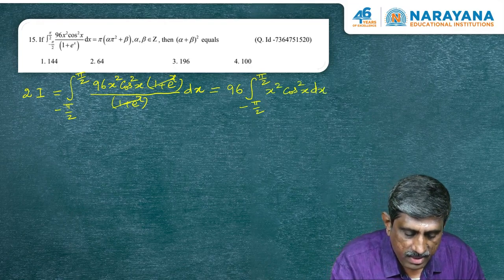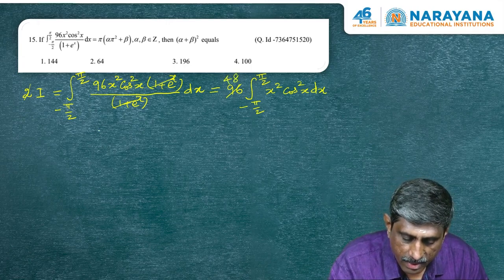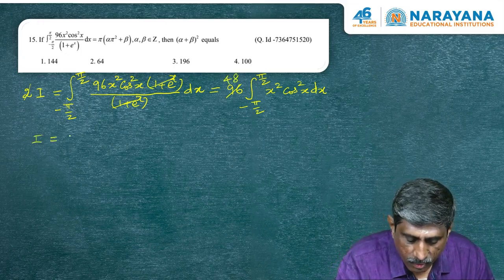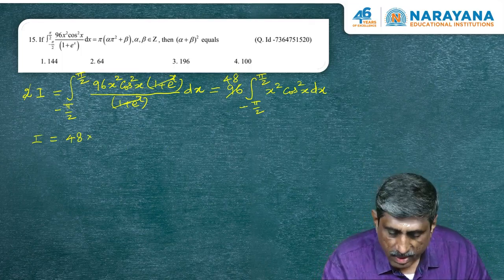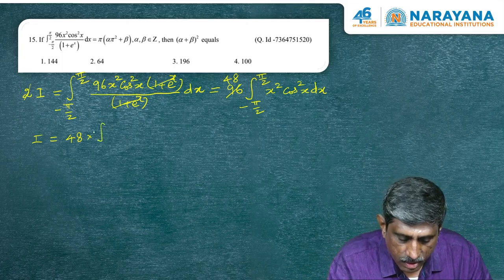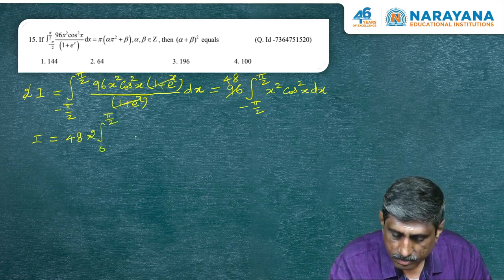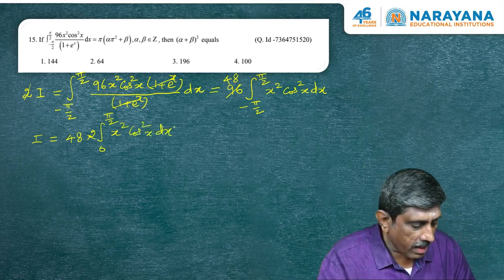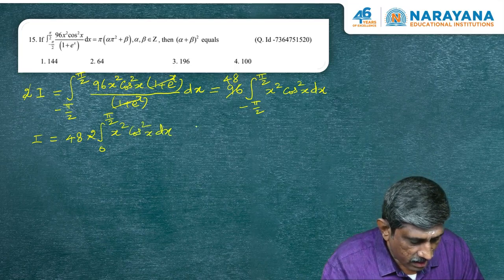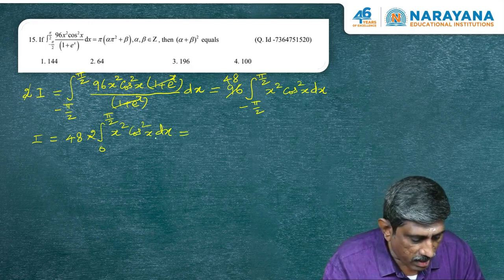So, when we cancel this 2 here, this becomes 48 and I is equal to 48 times, again when we simplify this integral, this is 2 times of integral 0 to pi by 2 x square into cos square x dx we can write, and when we simplify this, we can write this cos square x as 1 plus cos 2x divided by 2.